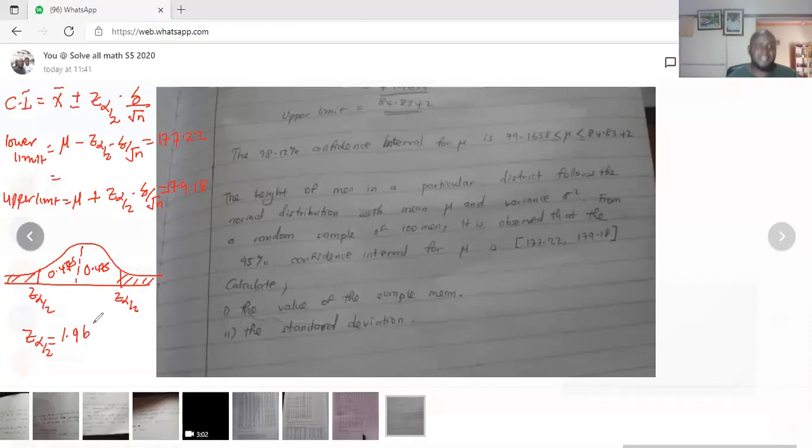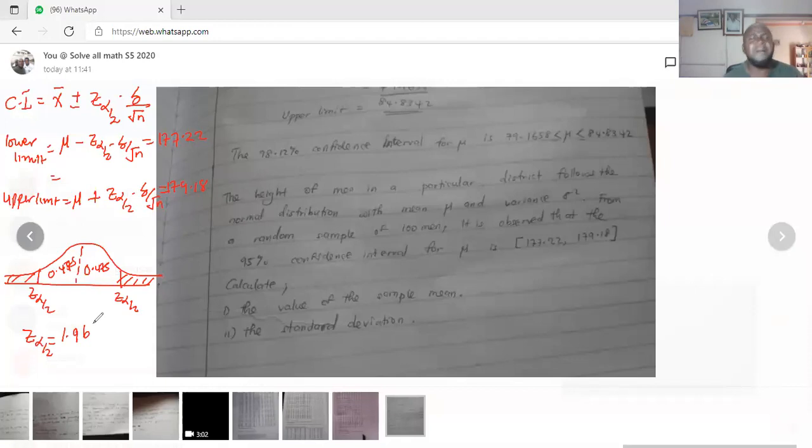1.96. Guys, listen to me for the last time. The most common percentage interval of confidence is 95%. You do 1, 2 numbers, you land on 95. So Quram, it is okay. 95% confidence, Z alpha is 1.96, always.